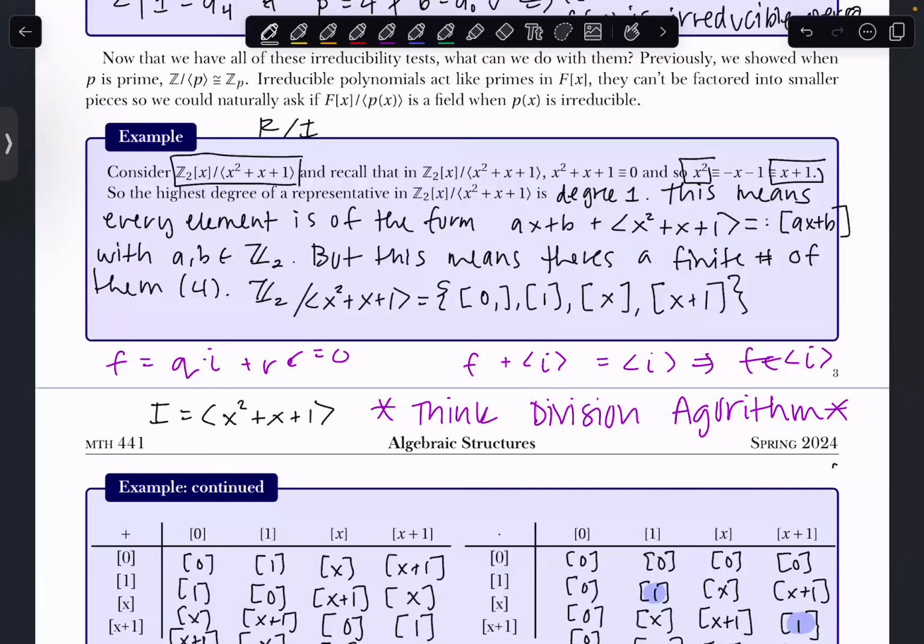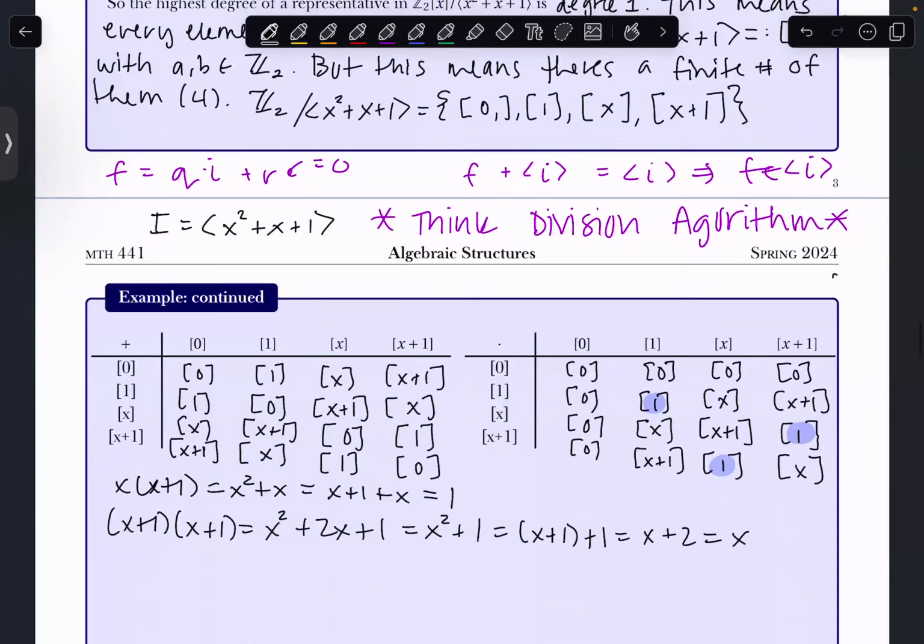And so I can get some information about when that's possible, or I can also think when are two representatives equal to each other, when their difference is a multiple of your x squared plus x plus 1. But that would mean that it would have to be at least degree 2 here, because my degree won't go down.